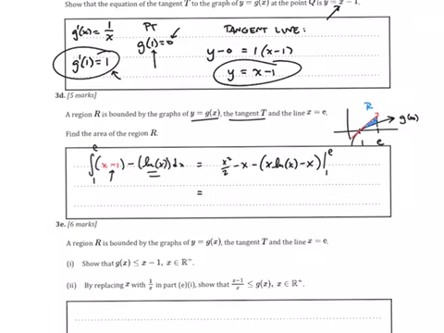Now, let's simplify this slightly. This would be x squared over 2, and then you'll see that this negative x and this negative x will cancel. So I'm going to evaluate that from 1 to e.